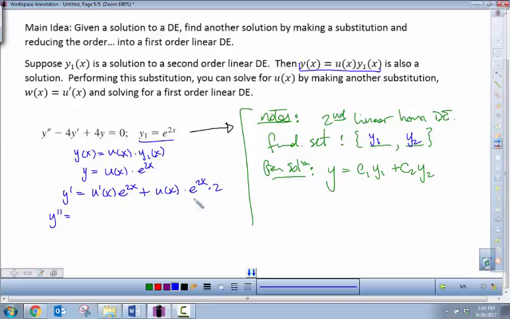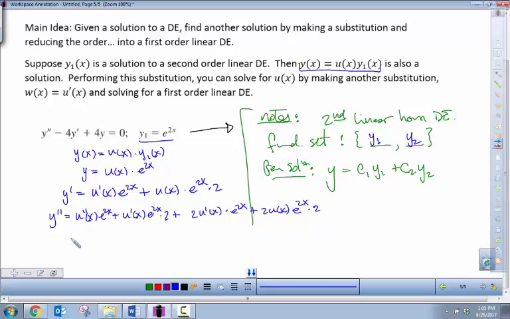So we have a couple of products. So it's u double prime of x e to the 2x plus u prime of x e to the 2x times 2. So that's a product rule for the first. Now let's do a product rule for the second one. There's a 2 out there, so maybe I'll attach that to the u. 2u prime of x times e to the 2x plus 2u e to the 2x times 2.